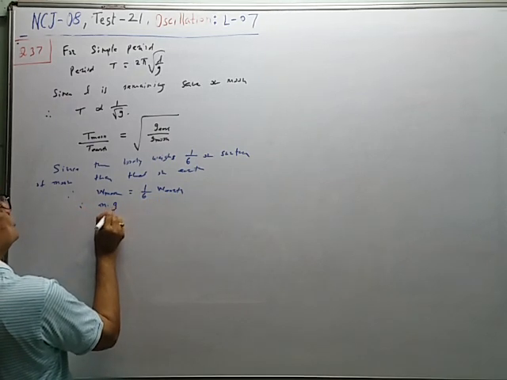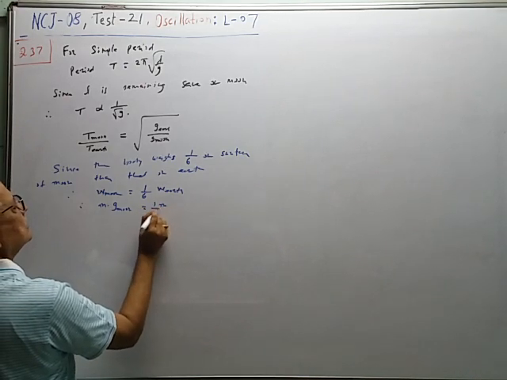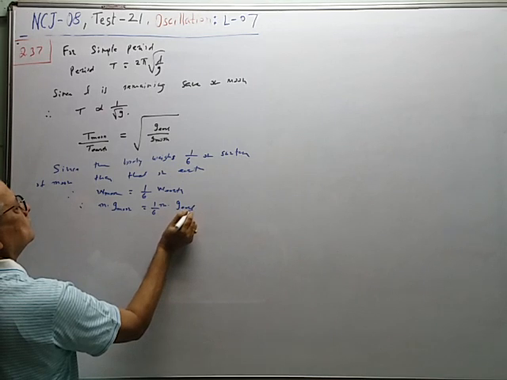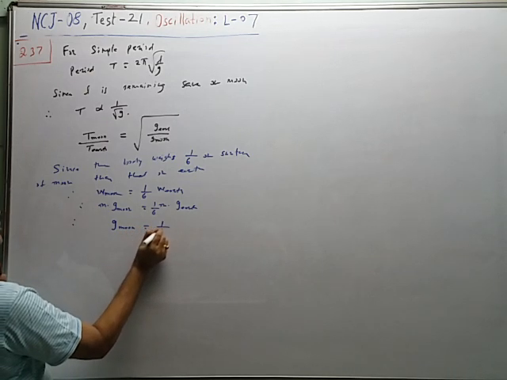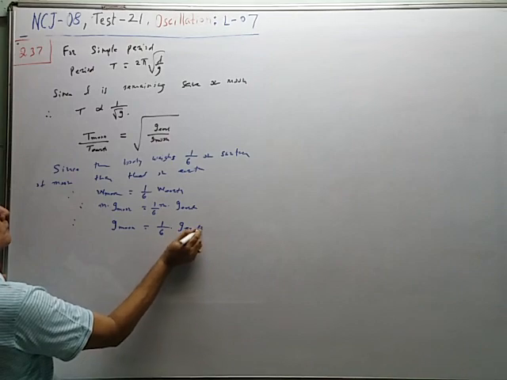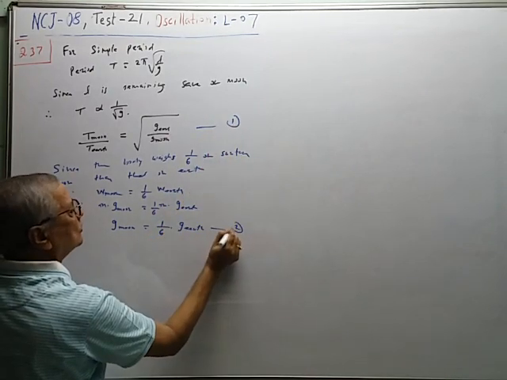Therefore m into g on moon is equal to 1/6 m into g on earth. Therefore g moon is equal to 1/6 of g of earth. So this is equation 1, this is equation 2.